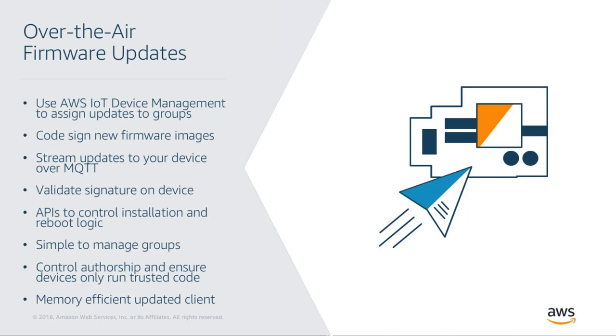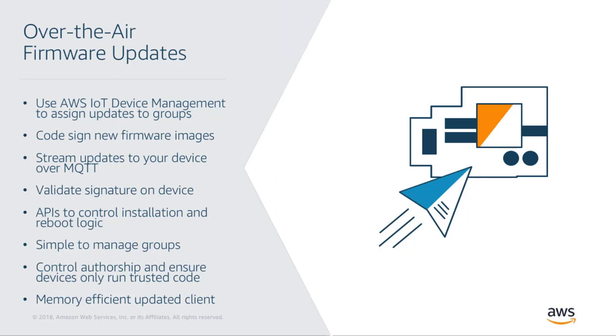The next important property is fault tolerance. In order to guard against failed updates that can result in a useless bricked device, the update process is resilient and able to prevent partial updates from taking effect and leaving the device in an inoperable state.